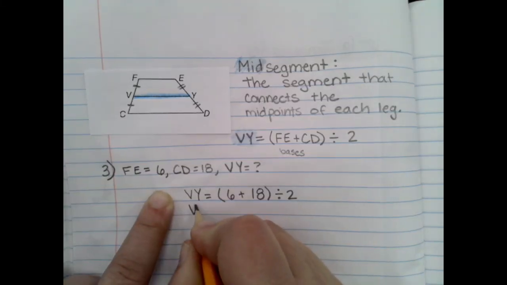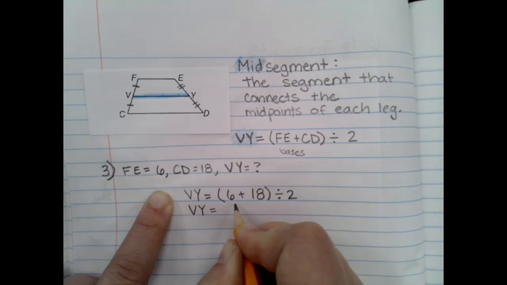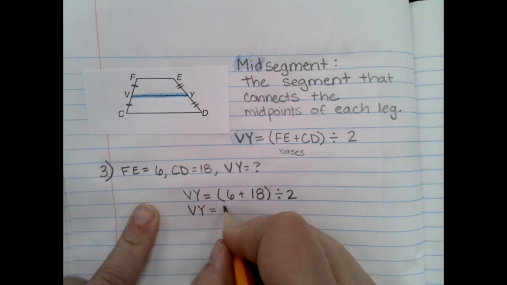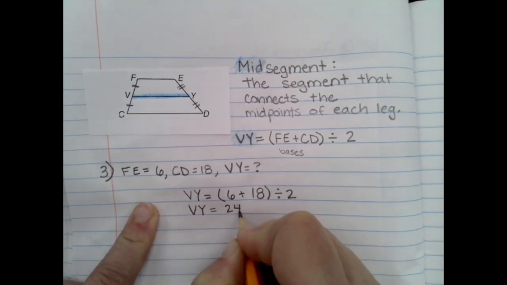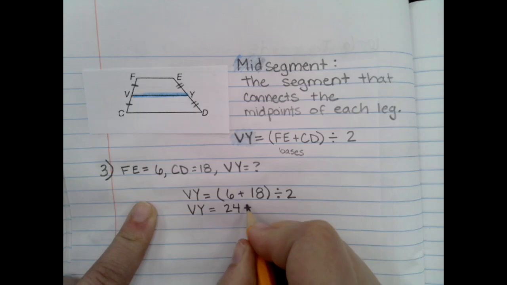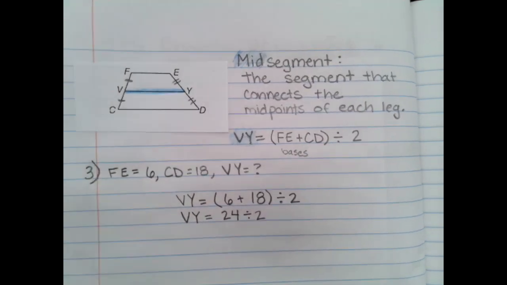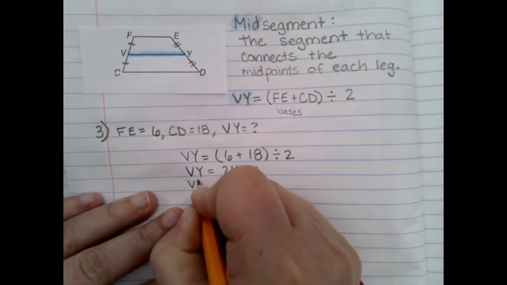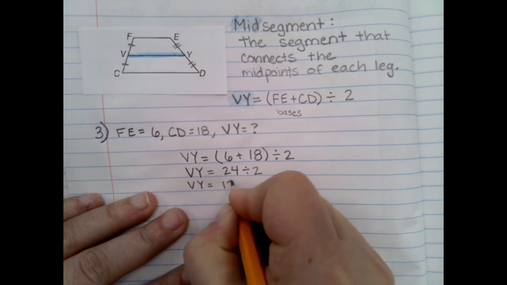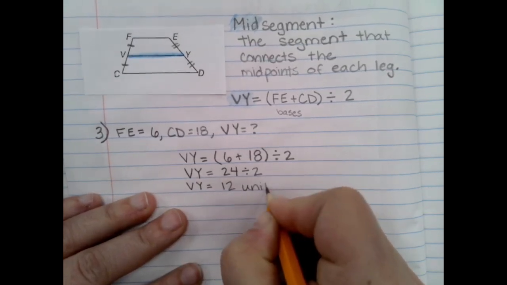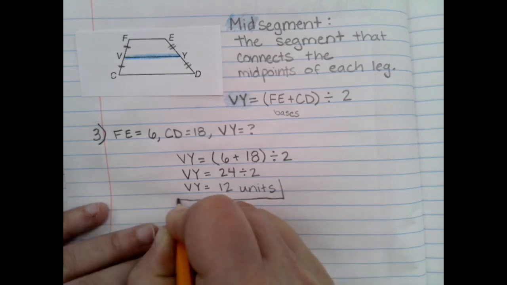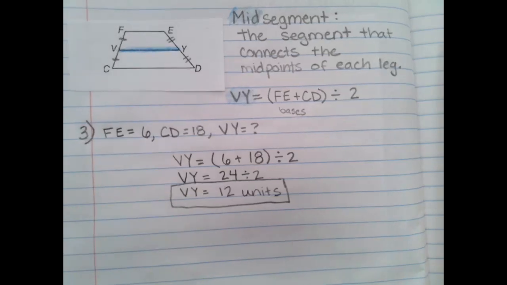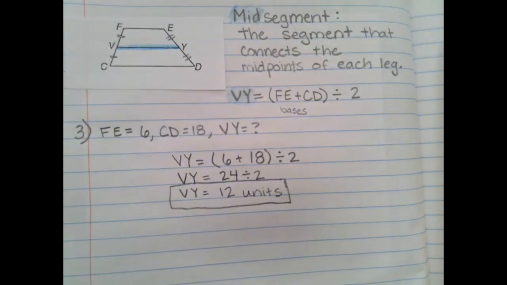If we did our order of operations, we'd start with our parentheses, 6 plus 18, 24, divided by 2, so VY would be 12. We don't know what we're measuring in, if we're measuring in centimeters, inches, feet, miles. So we're just going to use that word units to show that it is a length, it is a measurement there.